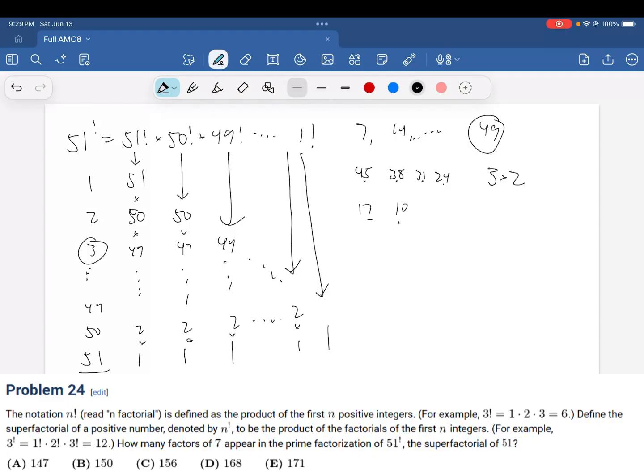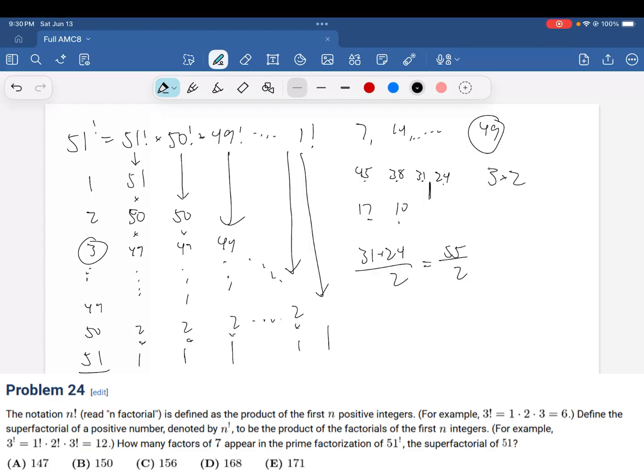So the sum of an arithmetic sequence, this is clearly an arithmetic sequence because it has a common difference of 7. There's an even number of terms here, so we take the average of the middle numbers, 31 plus 24 over 2 equals 55 over 2.